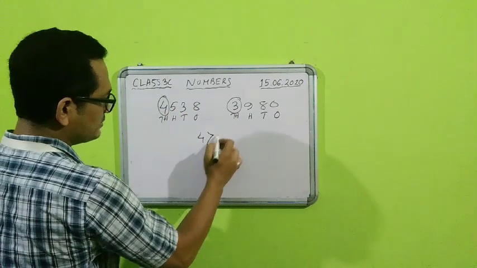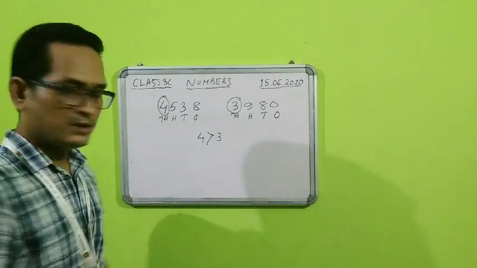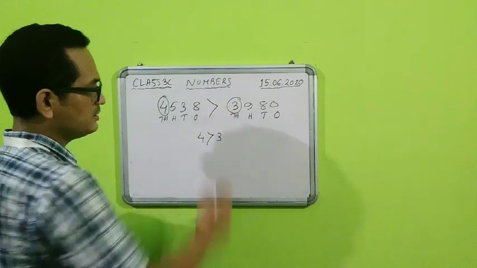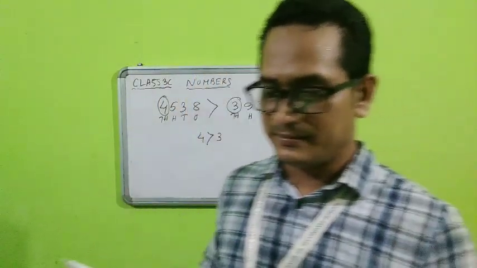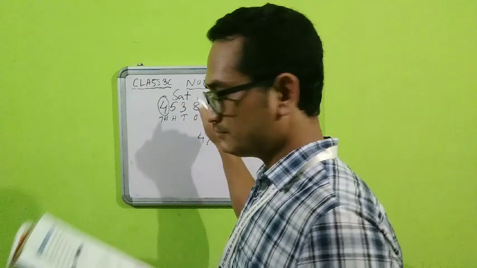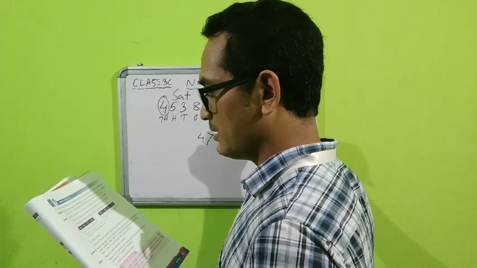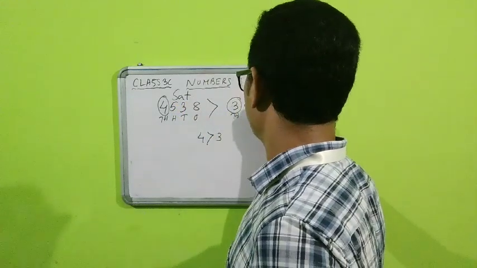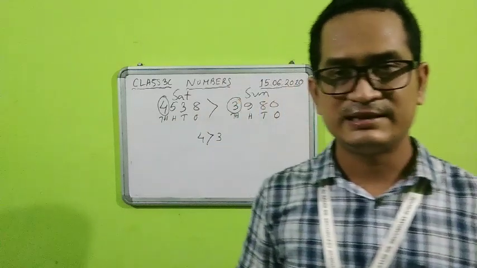Now I know that 4 is greater than 3. So that means this number will become greater than the second one. So on which day? That is on Saturday, because this was on Saturday and this was on Sunday. On which day did people visit more?